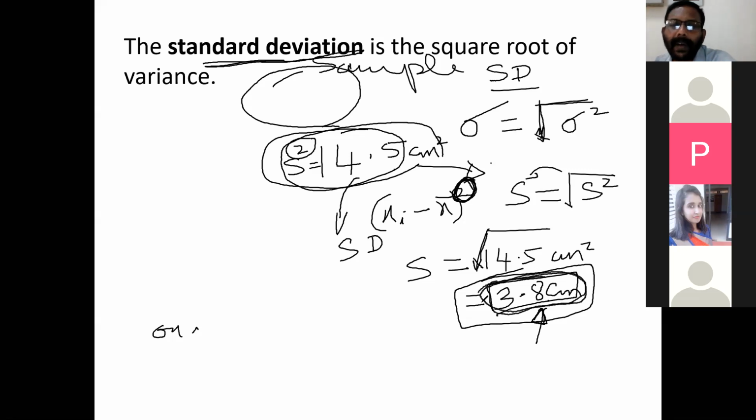On an average, it is how much they are deviating from the mean value. It can be positive or negative, it doesn't matter. So that is how we indicate the deviation.